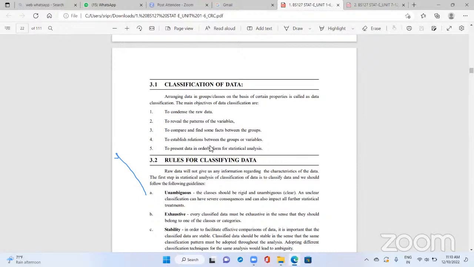Third one is spatial or geographical classification: the basis of place. Fourth one is qualitative classification: the basis of quality.